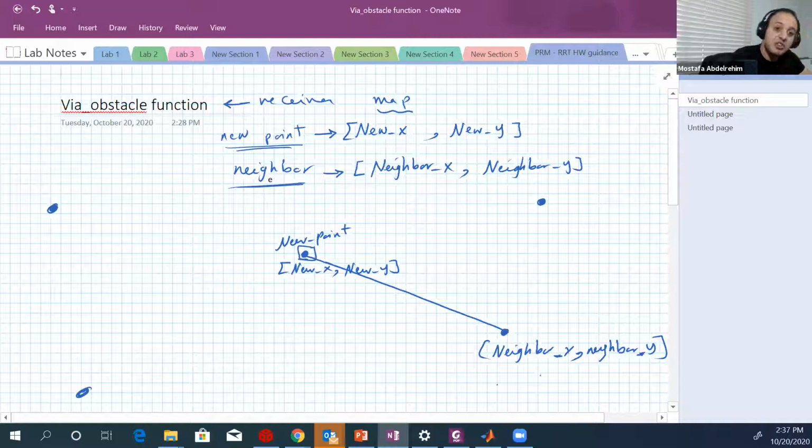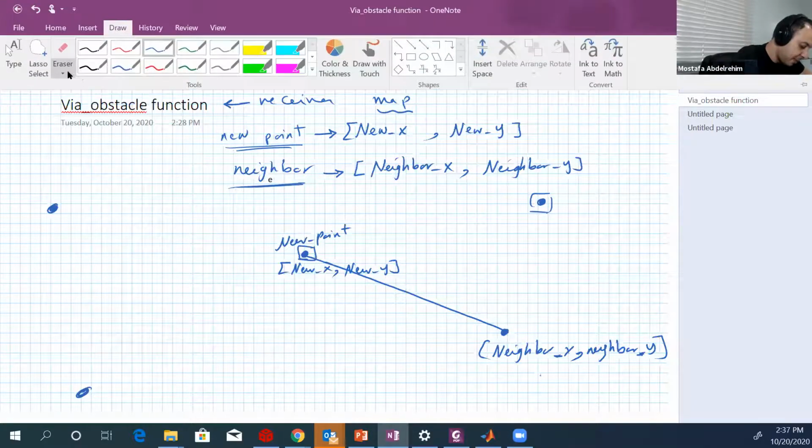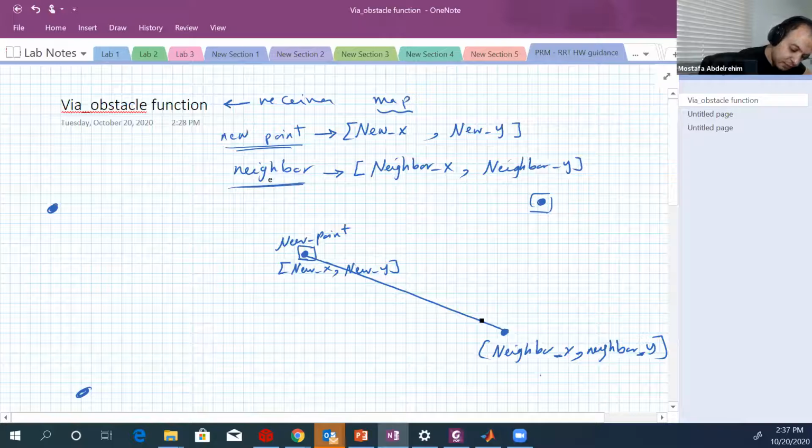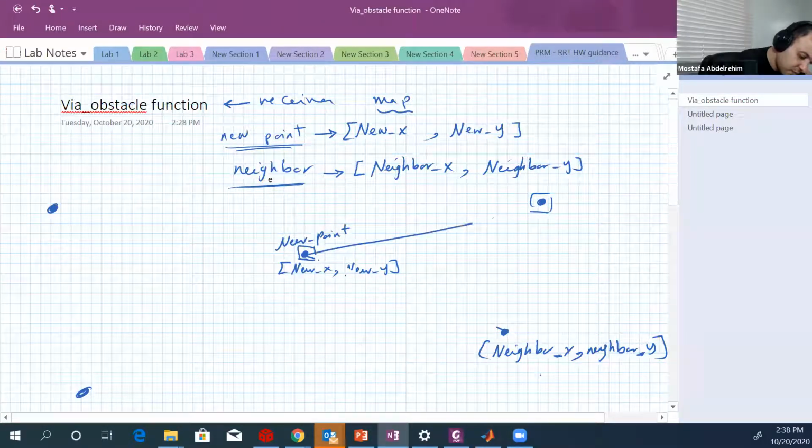The solution that I will explain to you is a general one. It works wherever this point is. So let's take this one because it's easy to visualize, and omit this edge here. So this is neighbor X and neighbor Y.